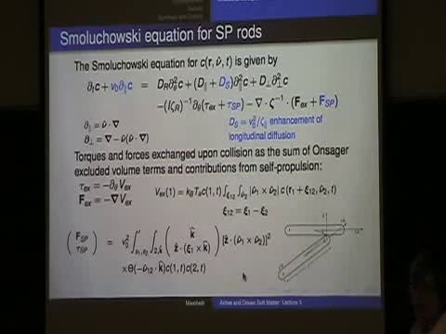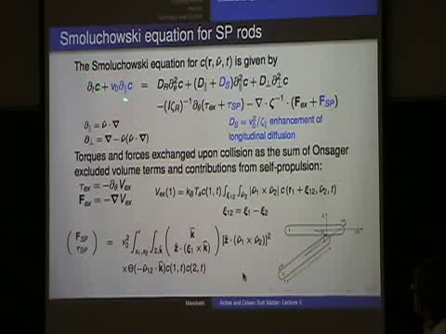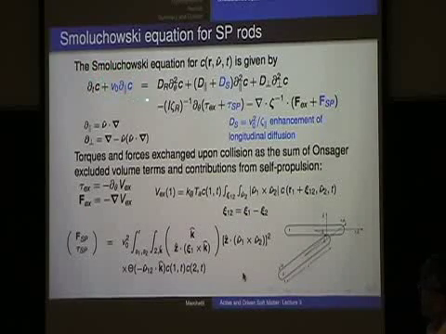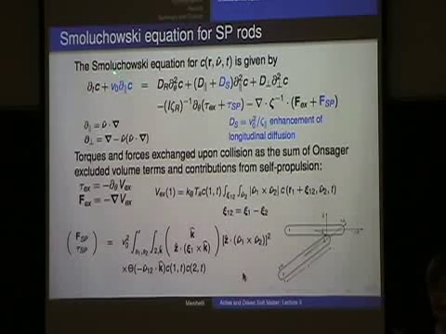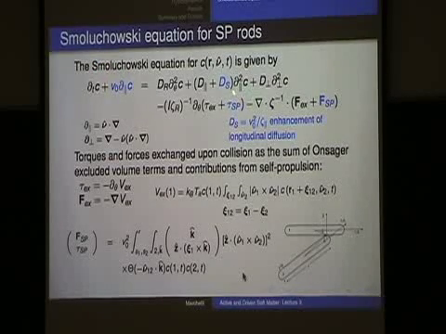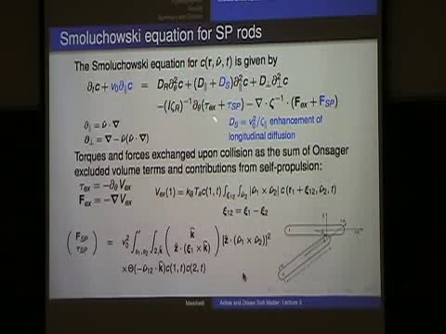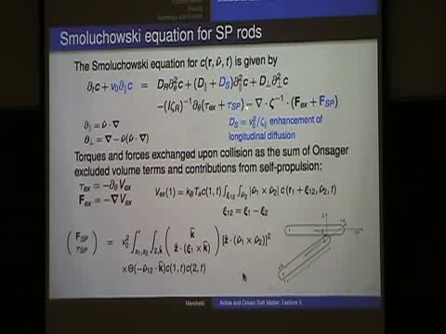When you introduce self-propulsion, you find several new things. First of all, an obvious one, there is mass convection along the direction of self-propulsion. The rods are self-propelled at the speed v naught, so we get that term. But we can also calculate this diffusion constant, the effect of the various interactions and so on, and also the effect of self-propulsion.